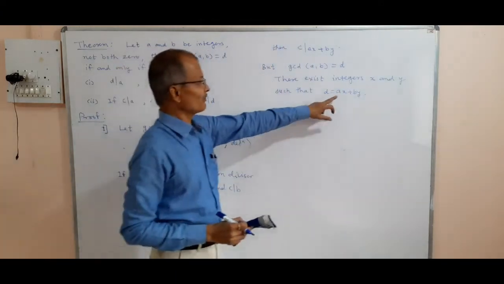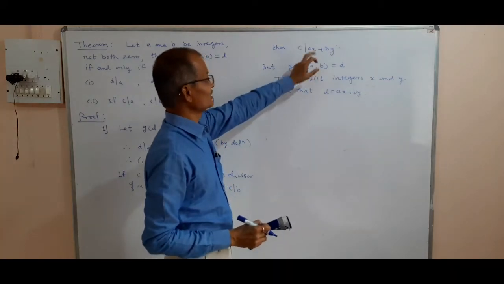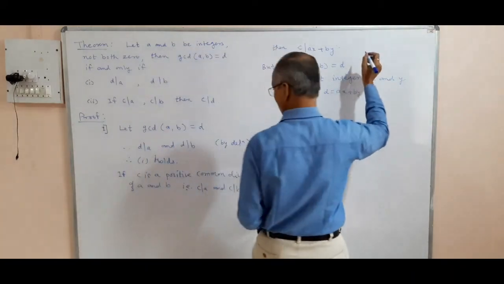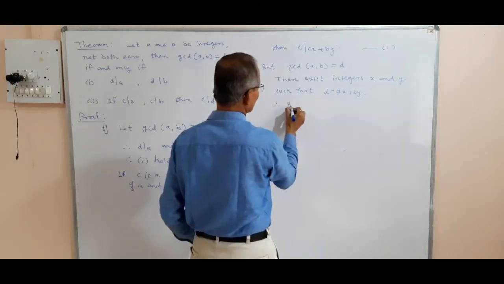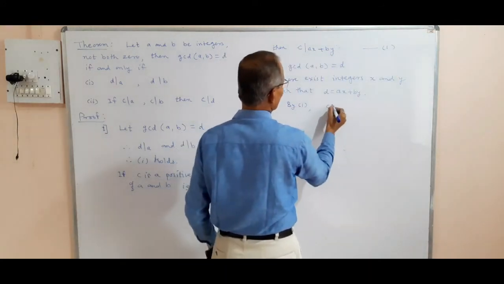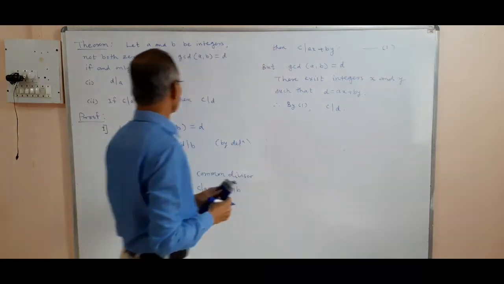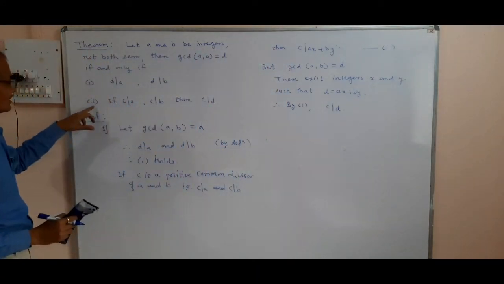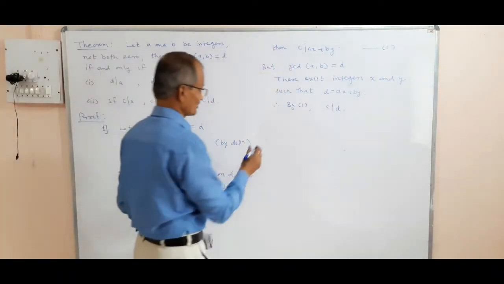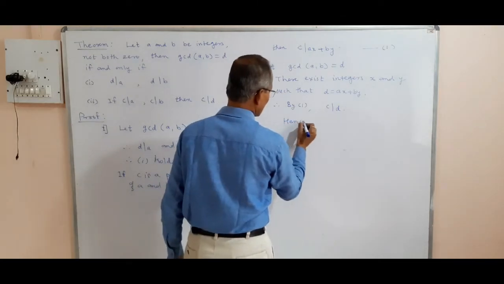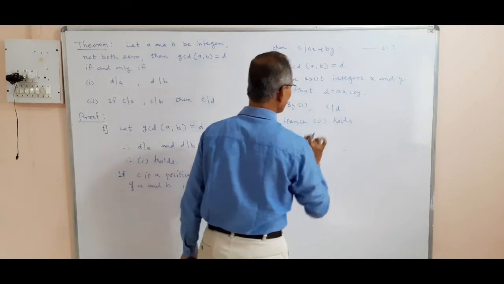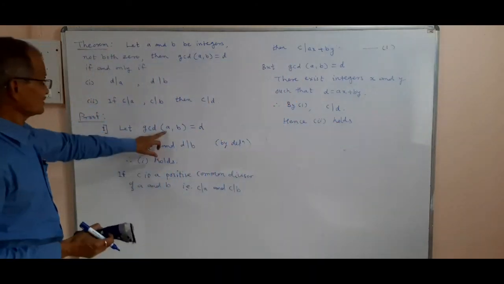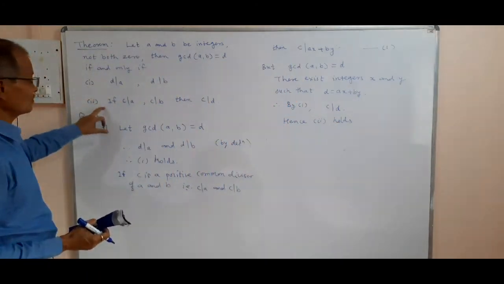Now we put this value of AX plus BY as D. So we may suppose this as 1. Therefore, by 1, C divides D. And this gives the second condition, hence the second holds. Hence, 2 holds. So that means if GCD of A and B is D, then 1 and 2 hold.